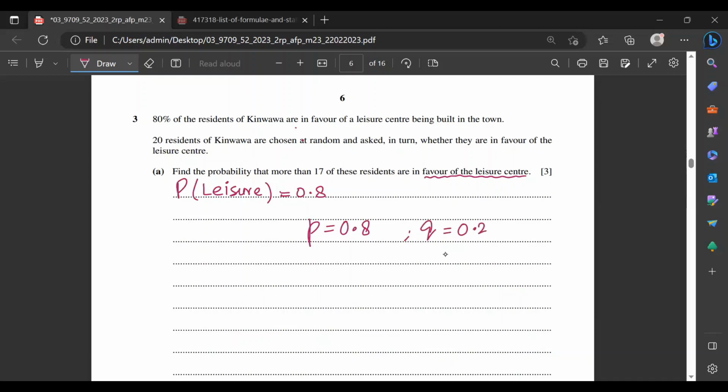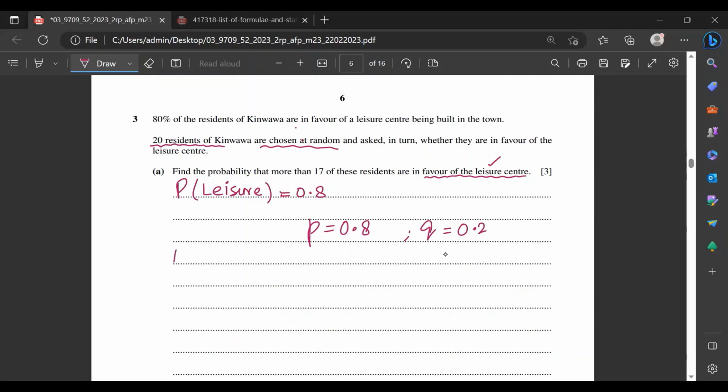This is a question on binomial distribution because 20 residents are chosen at random, so there is a fixed number of trials, 20 residents.